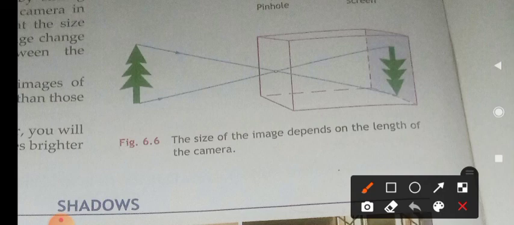Then, if you make the hole larger, okay, actually you have to make the hole with a bell pin, but if the hole is larger, you will find that the images become brighter, but somewhat hazy, meaning unclear. They are not very clear. Okay, is it clear? Children, do you understand this? So these are the variations you can try in this pinhole camera.